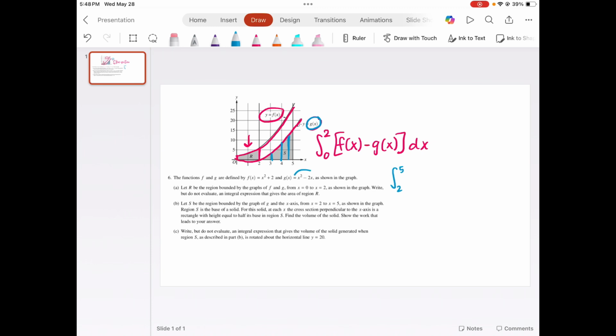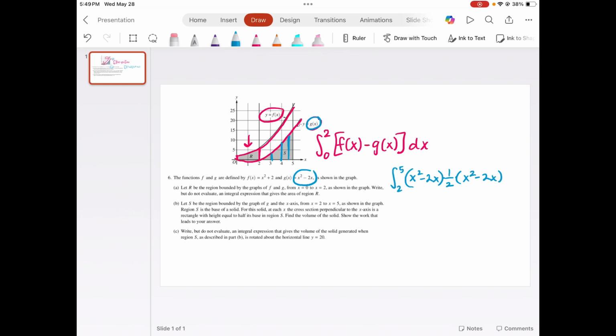So that's going to be this function right here. So the base of that rectangle would be x squared minus 2x. And then the height of that's going to be 1/2 x squared minus 2x. And those are all being multiplied together, of course.